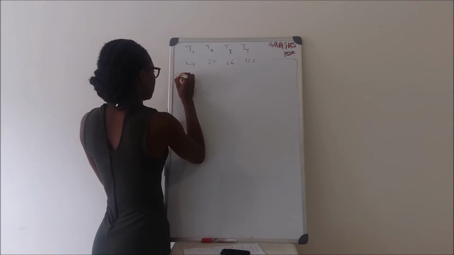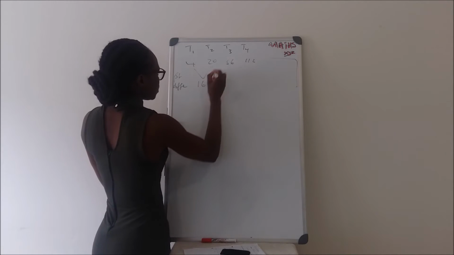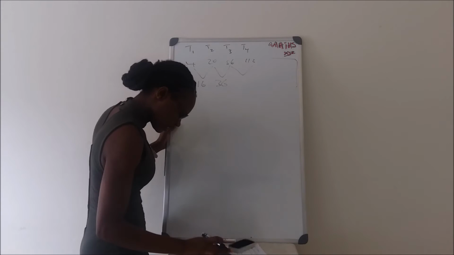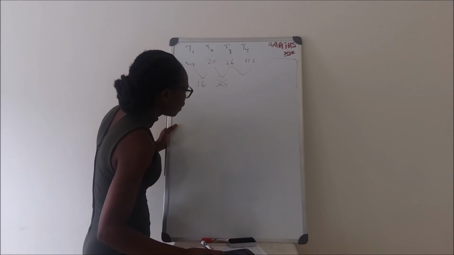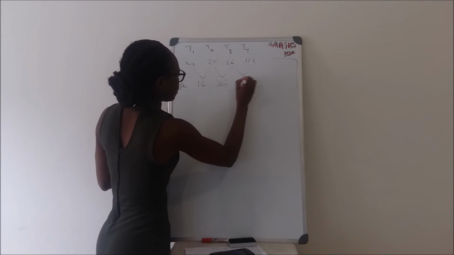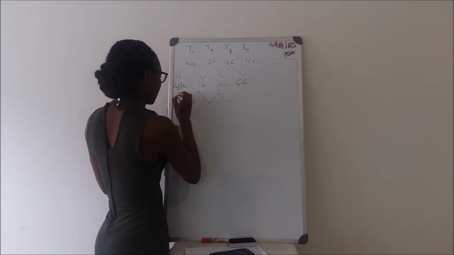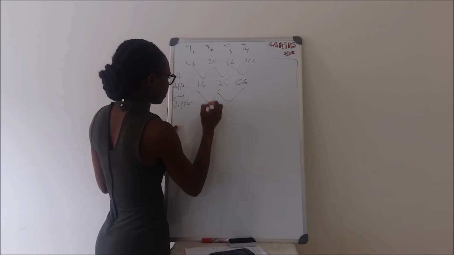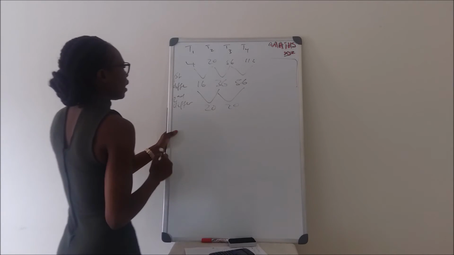Our first differences will be 16, 36, and 56, since 112 minus 56 is 56. Now let's look at our second difference, which is 20 and 20.